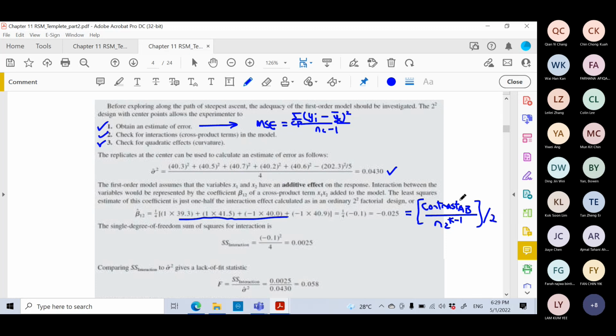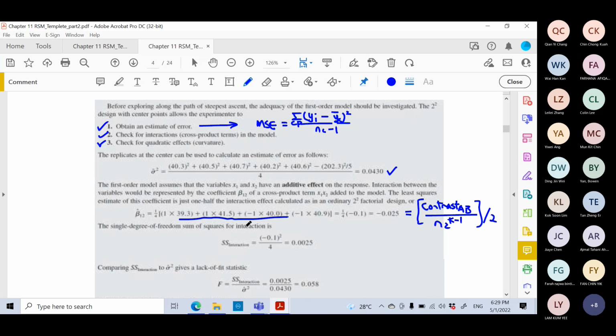If you still remember, the effects divided by 2 here. Therefore the n is equal to 1, the 2 power of k is equal to 2. So 2 power of 2 here, then divided by 2 one more, so you get the 4 here. What I show you to do here is just the effects divided by 2, then you can get your beta 1 2 hat.